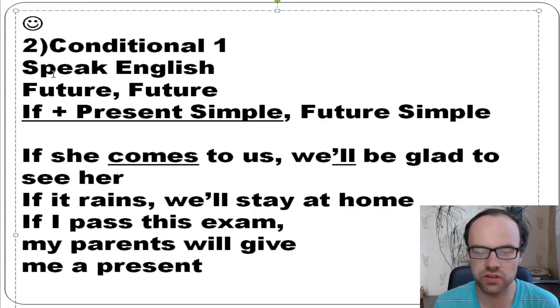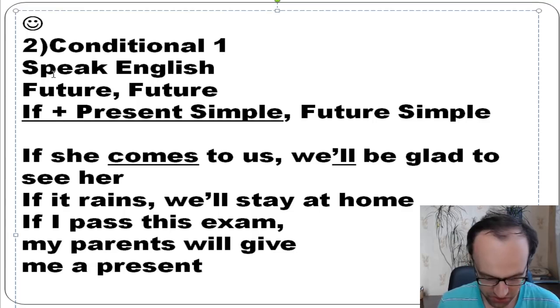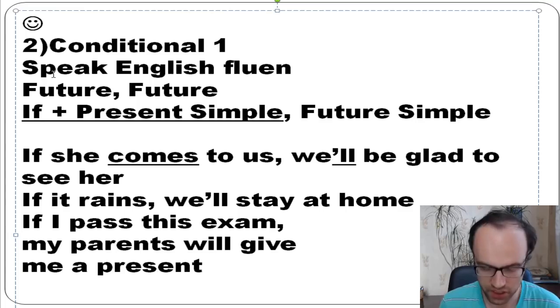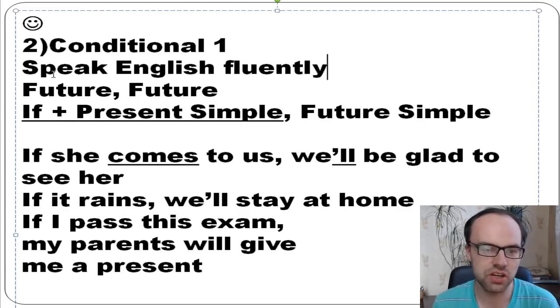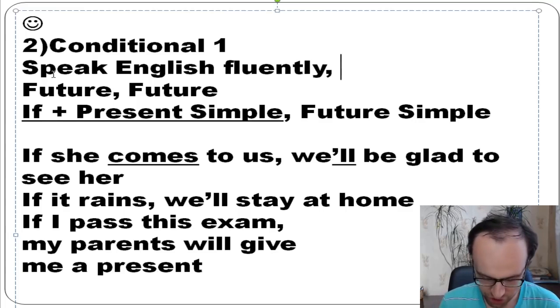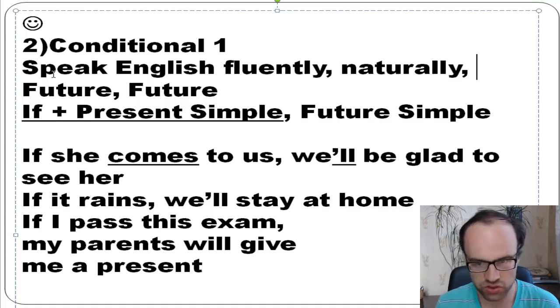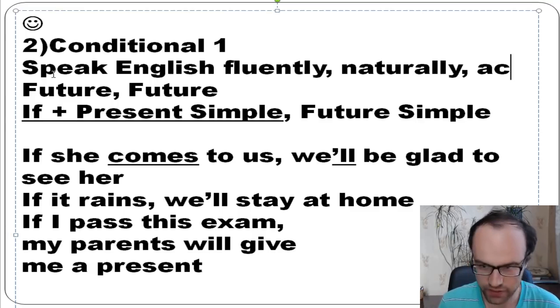So this course isn't only for grammar, it's for speaking too. So you can use all this grammar in your speech and you can sound more natural and more advanced. Okay, so speak English fluently. It means you can speak it very fast, naturally, like native speakers. So you need to sound natural. Fluently, naturally, accurately.